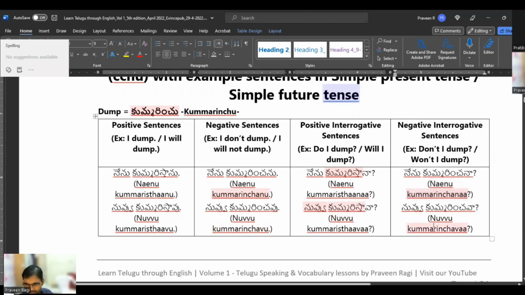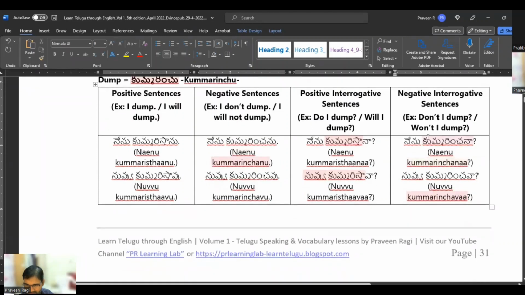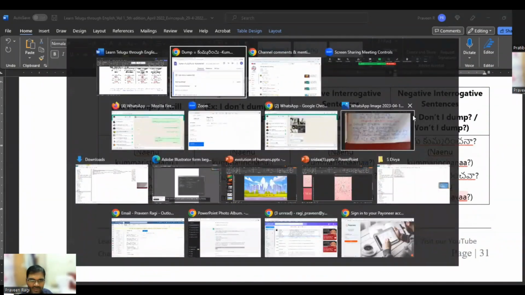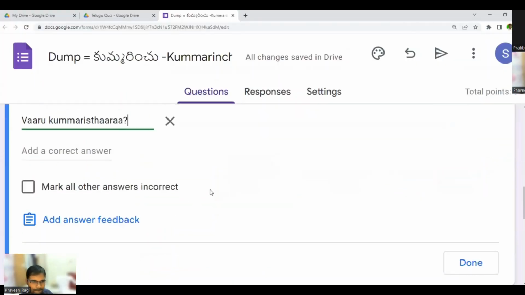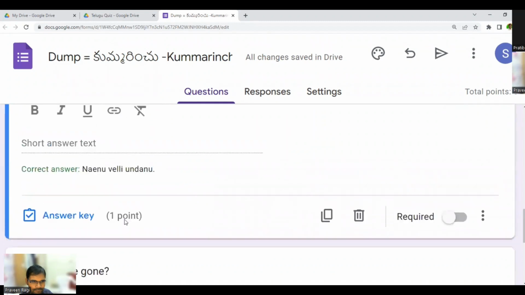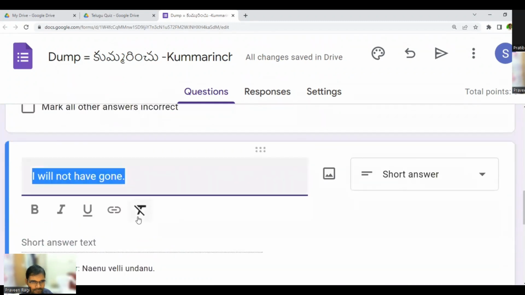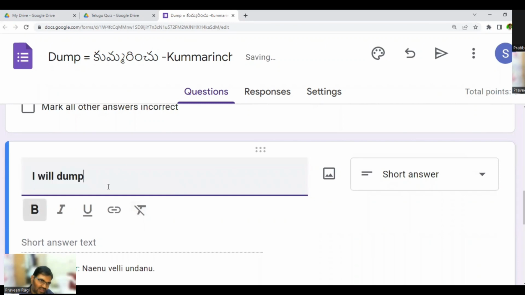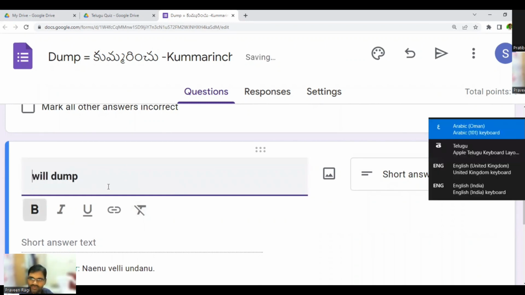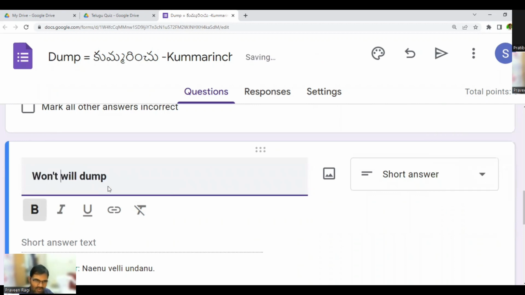Okay. So let's make this one with the other one. Okay, so here, won't she dump?